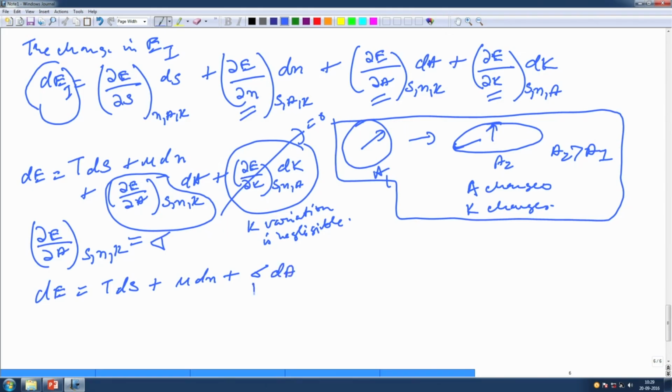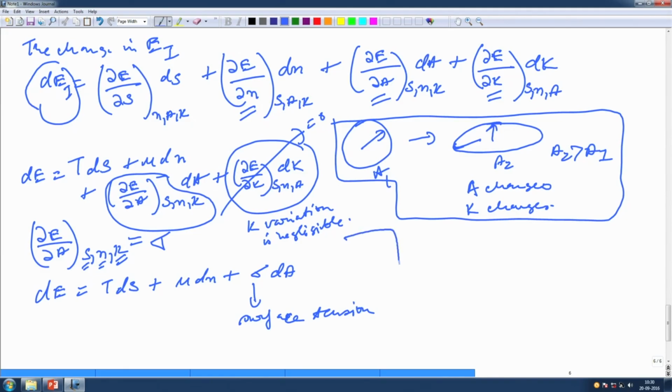This sigma is nothing but the surface tension. Got it. So, surface tension is the change of internal energy with respect to area when the curvature, the number of moles and the entropy are constant. That is what we call the surface tension over here.